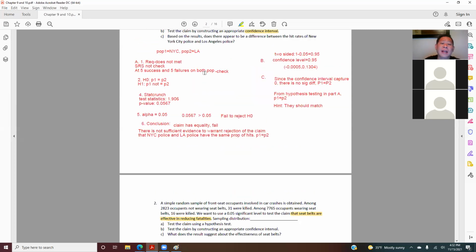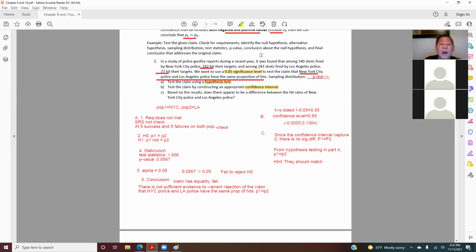As you remember from the last time, we always need to say which one is population 1 and which one is population 2. Usually, if you read the claim statement, the one that comes first is the first population and the one that comes second is the second population.